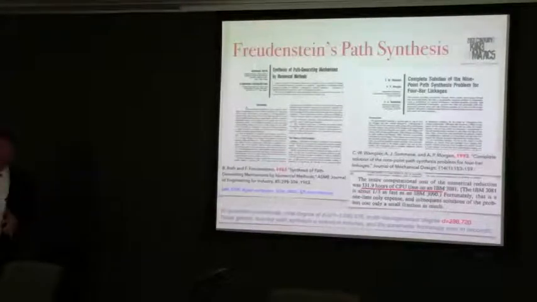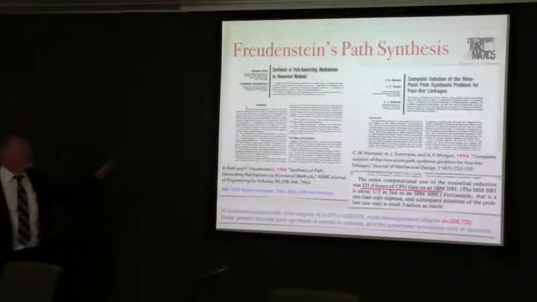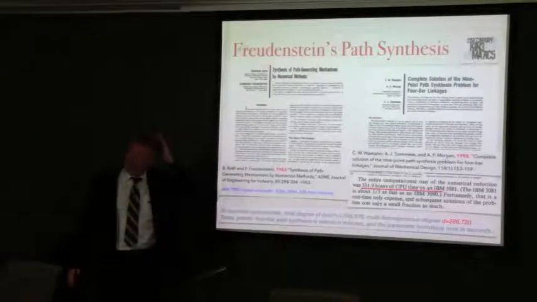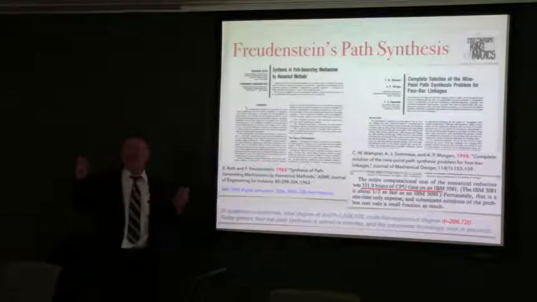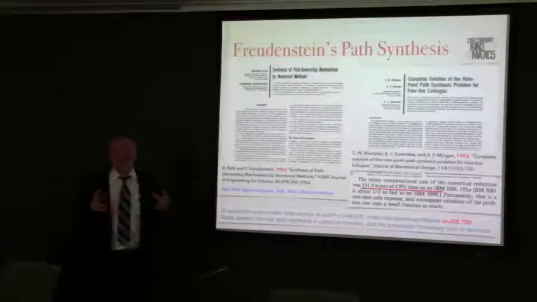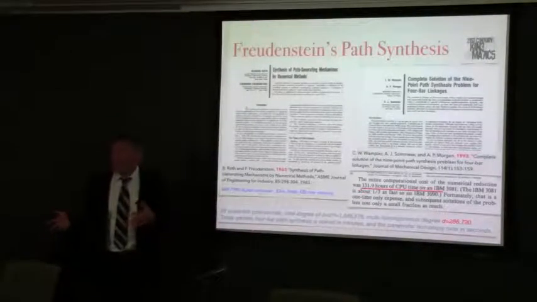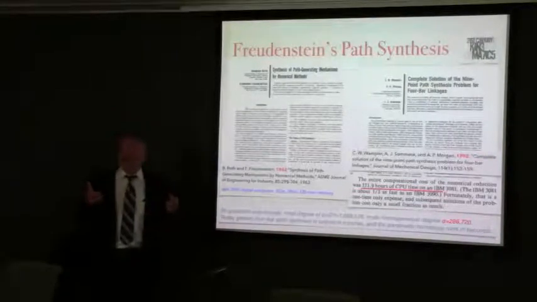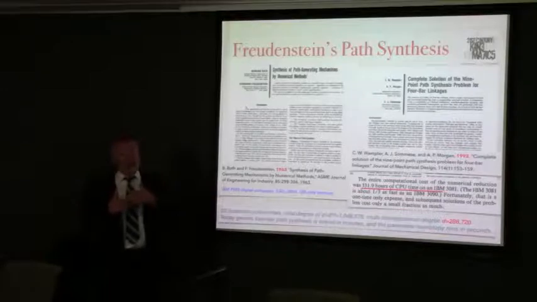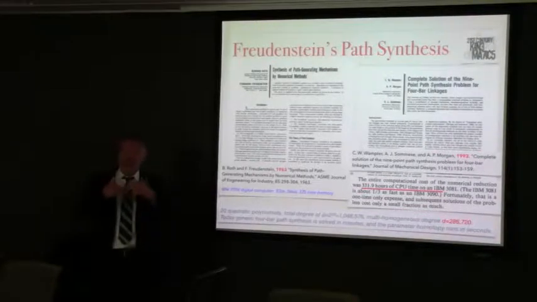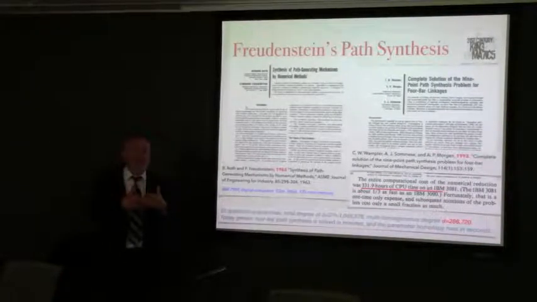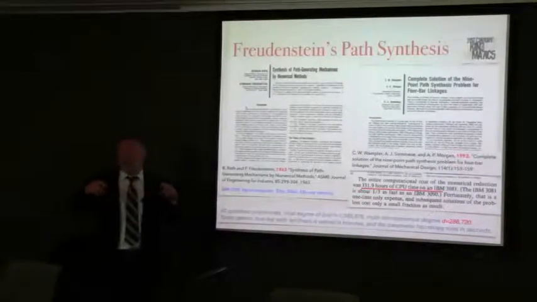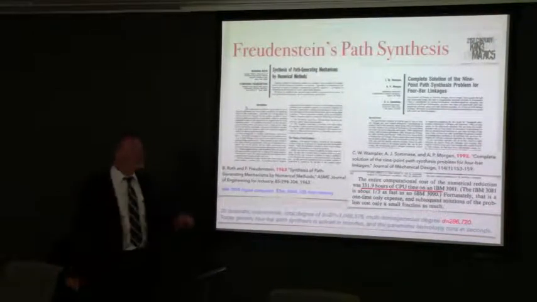Now, in the early 50s, Freudenstein took a different approach to path synthesis. Rather than trying to draw the continuous path, he said, well, I've got a 4-bar linkage. A 4-bar linkage draws a particular type of path that I understand. Maybe I can get the 4-bar linkage coupler curve to match the path I want, and the way I'll do that is that I'll set up the equations and calculate the dimensions of the 4-bar linkage.